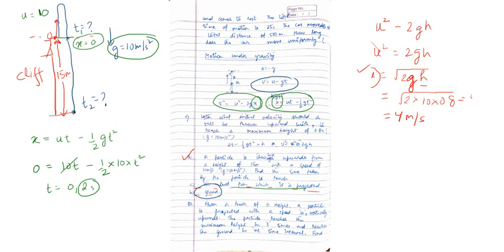Just simple cancellation and calculation would give you this value. The answer is telling us that when t is equal to 0, the particle is at x equal to 0 itself, meaning the particle has started moving from that point, and when t is equal to 2 seconds, the particle has come back to that point. So the time at which the particle comes back to this point is 2 seconds.